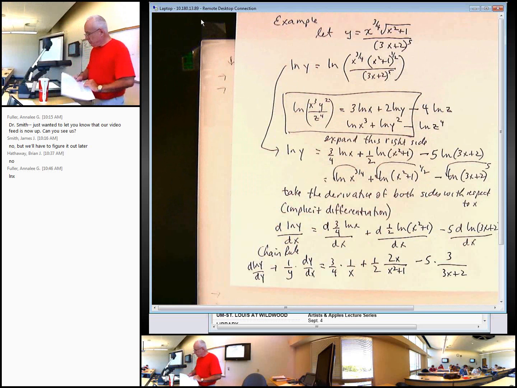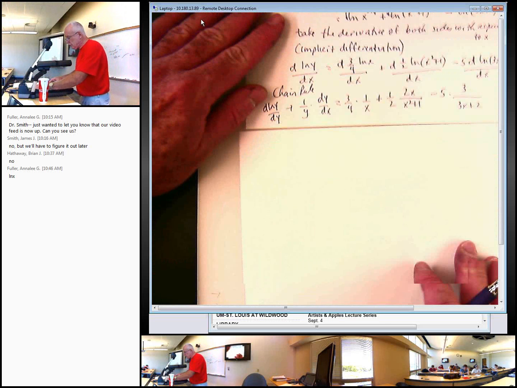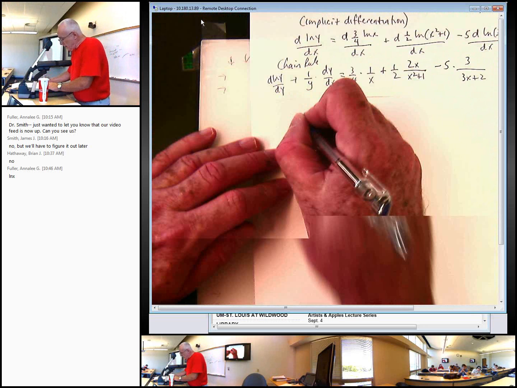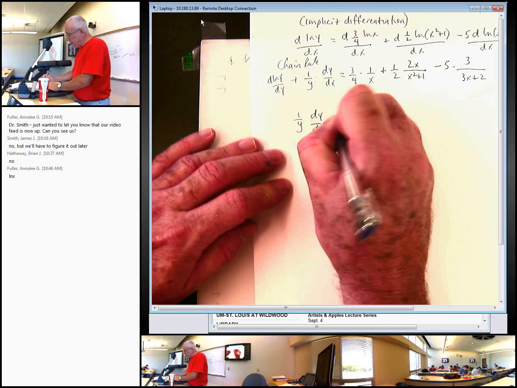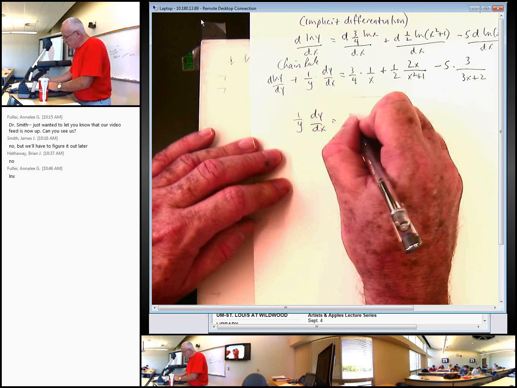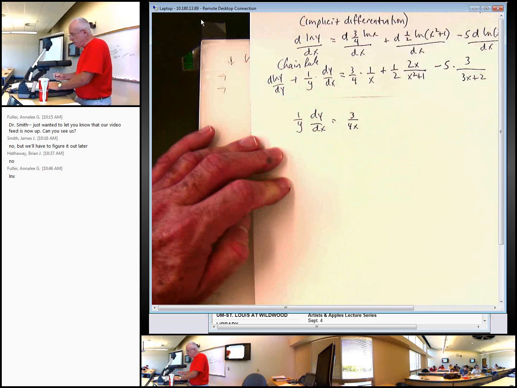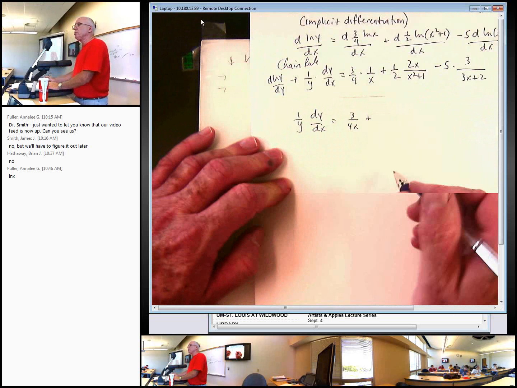All right. So let me go up here and let's write this a little bit nicer, what we have. We now have 1 over y dy dx on the left side. Let's see, we can write this first term as 3 over 4x if we like, although it's okay the other way. Plus, let's see what happens here with the middle term.